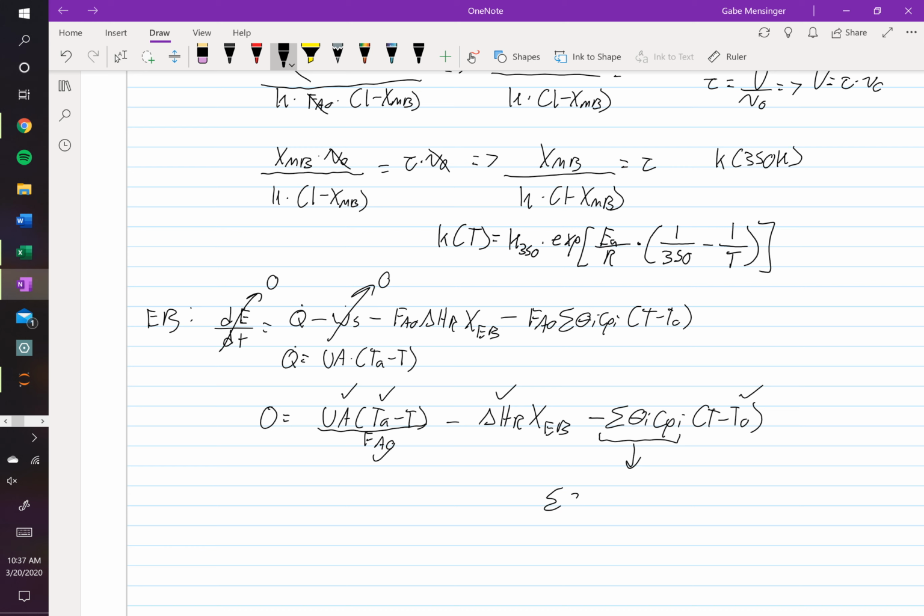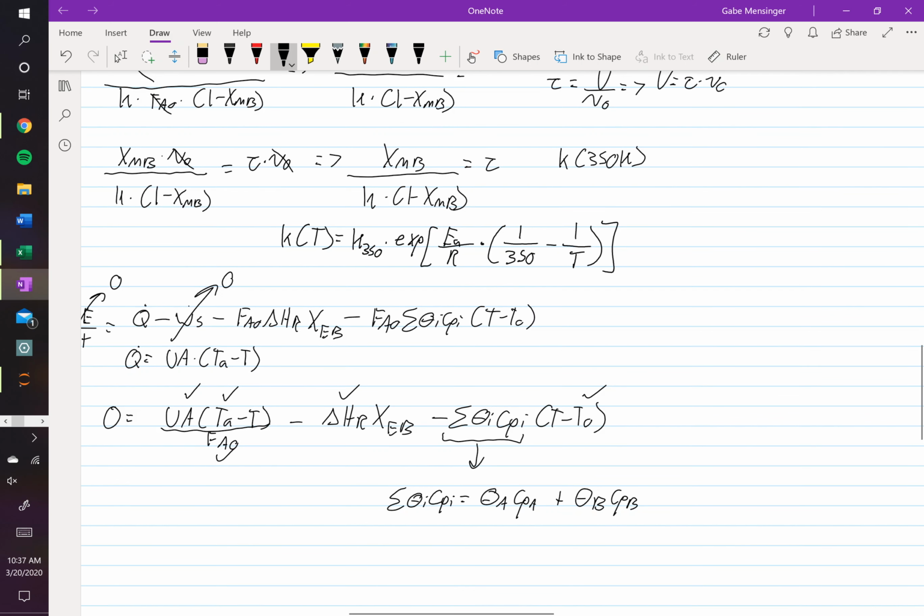So we got sigma theta I CPI. It's going to be equal to theta A CPA plus theta B CPB. And don't forget that we have an inert, so we have a theta I CPI. We don't need to assume because we're told that only A and I are fed to the reactor, so that makes theta B 0.